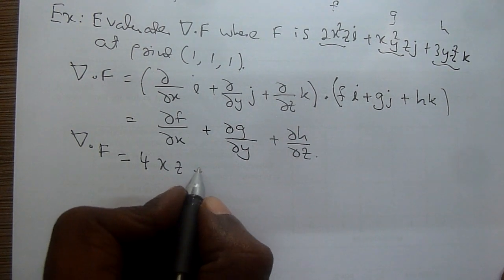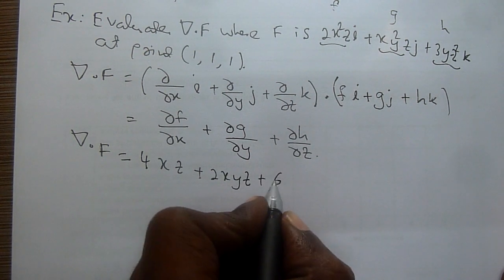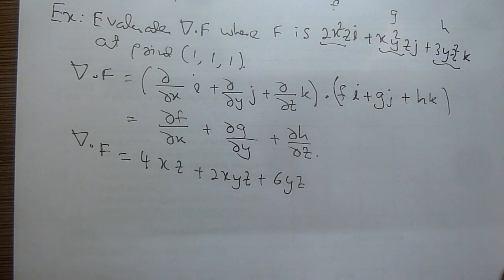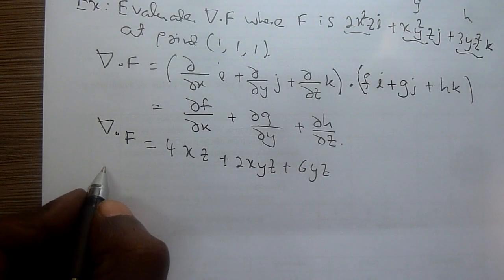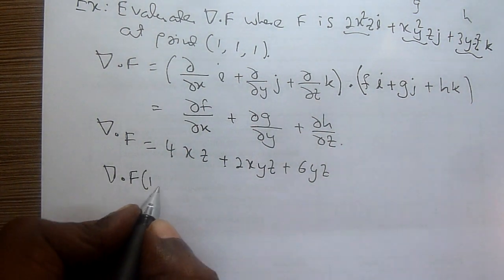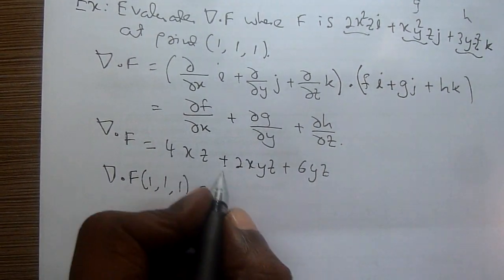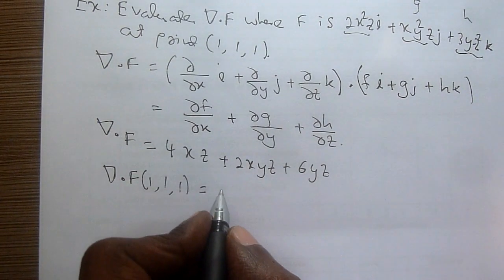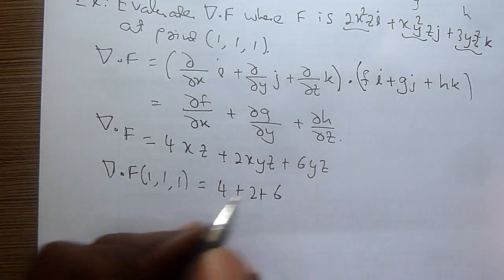Please make sure you are doing partial differentiation properly. yz, 6. What is the result if I just place the point (1, 1, 1)? Just substitute the values, and you get 4, 2, 6.